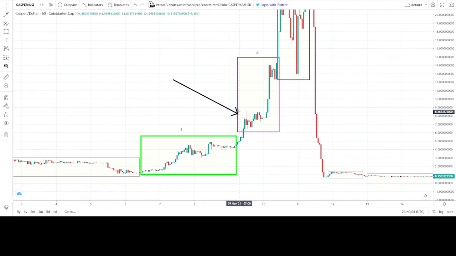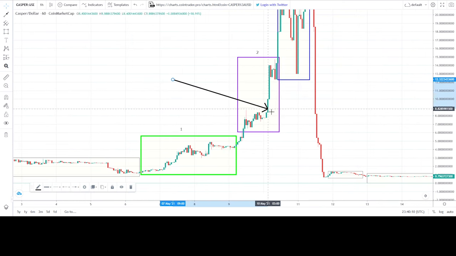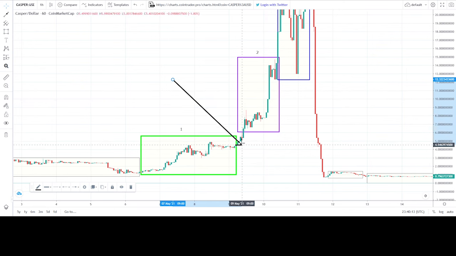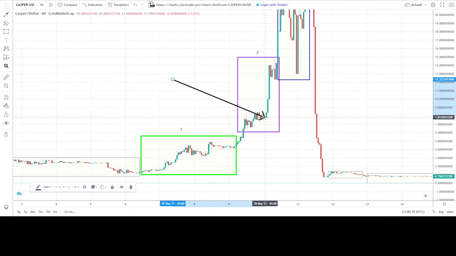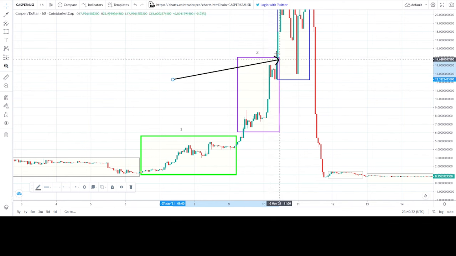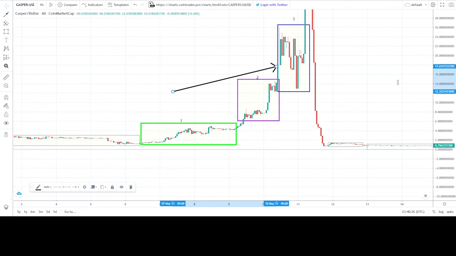So once you see something similar to this play out, where it moves up, does the first correction, and that correction is in two parts, this little flat part could also be a bounce, so be prepared for that. It moves up, does the second correction, and then it continues to move up aggressively.